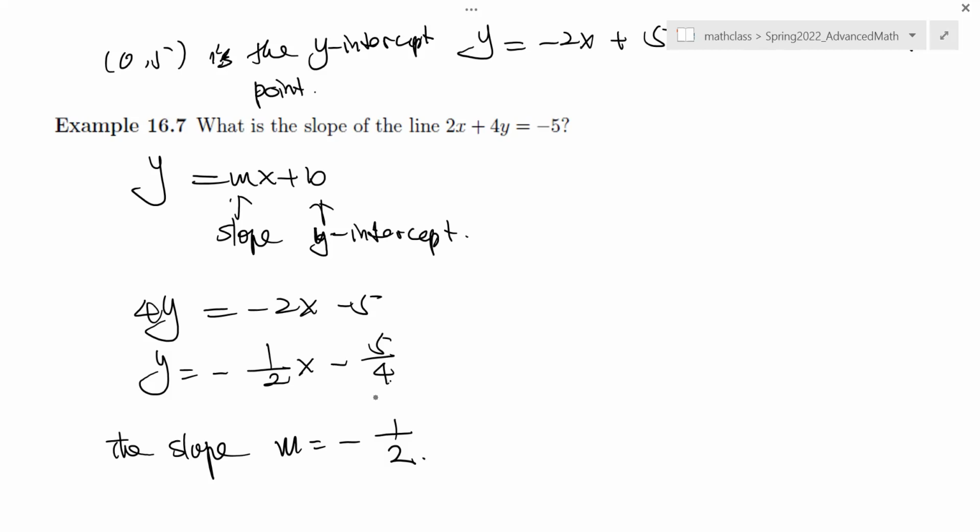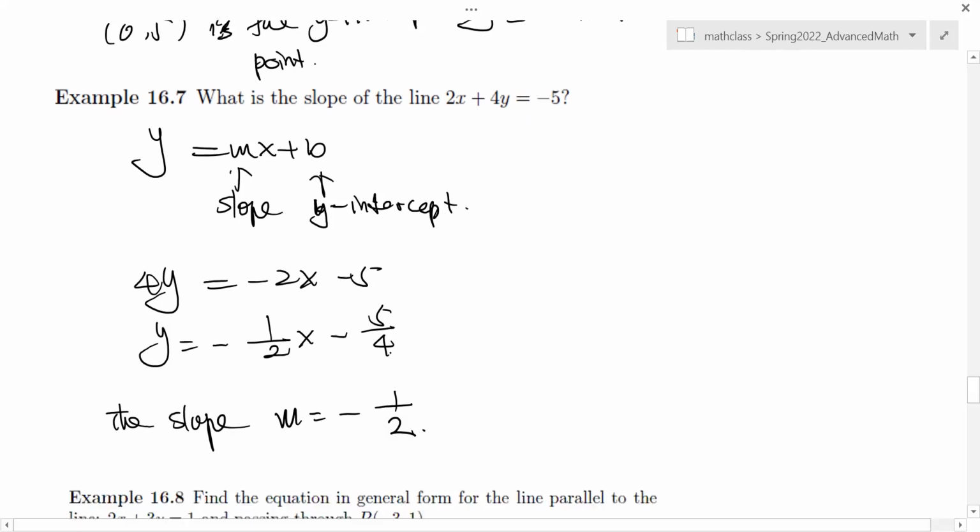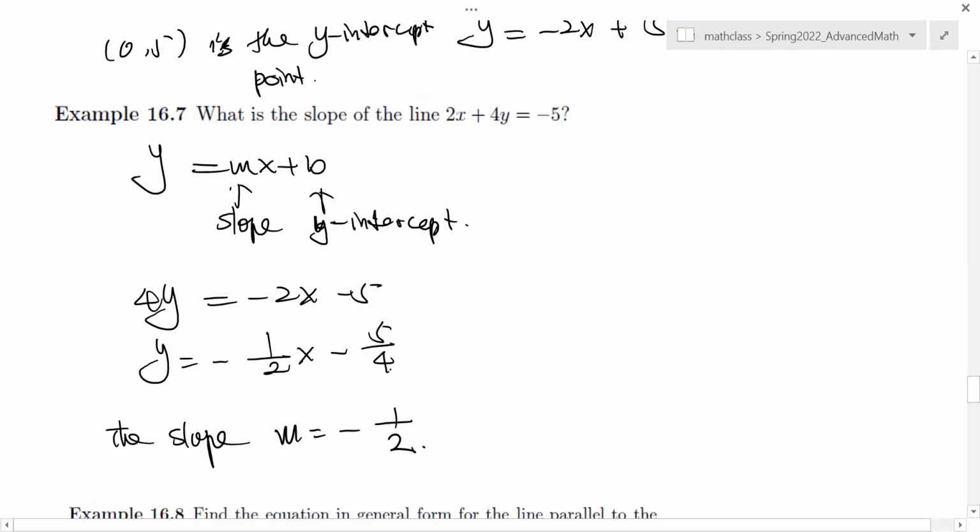How do you find those two points? You can let x be 0 and get the y coordinate, then let x be 1 and get another coordinate. Then you plot those two points and sketch the line passing through them, because two points uniquely determine a line. But here we just want to find the slope, that's it.